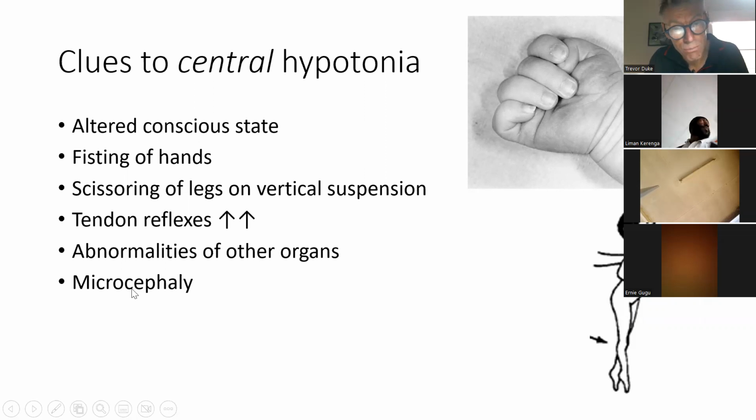All of those things point to a baby who's got central hypotonia. On the other hand, if they're really alert, if they're interactive and looking around, if their hands are in a normal position, if they don't have any scissoring of their legs, they're just hypotonic, and if they've got reduced reflexes and a normal head circumference, then probably they've got a form of peripheral hypotonia.